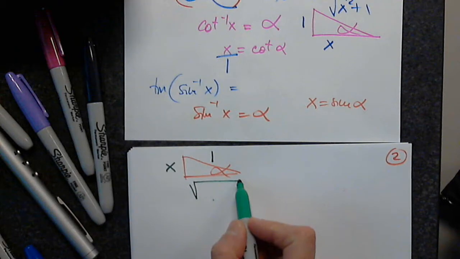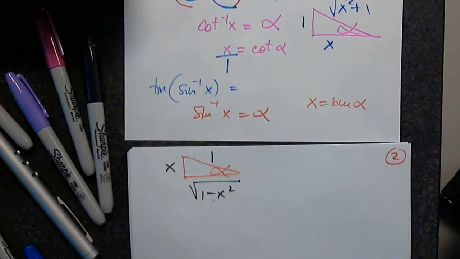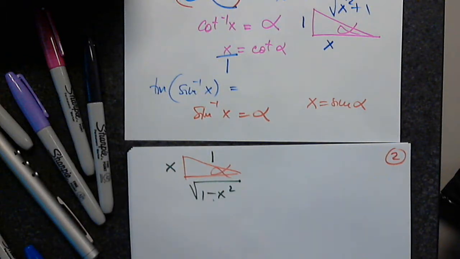Well, this time I have to subtract. From this squared, I subtract this squared. Because it's a leg. I add these two squares when I look at the hypotenuse. I need to determine the hypotenuse. But if I need to determine a leg, it's a square root of the hypotenuse squared minus the other leg squared.